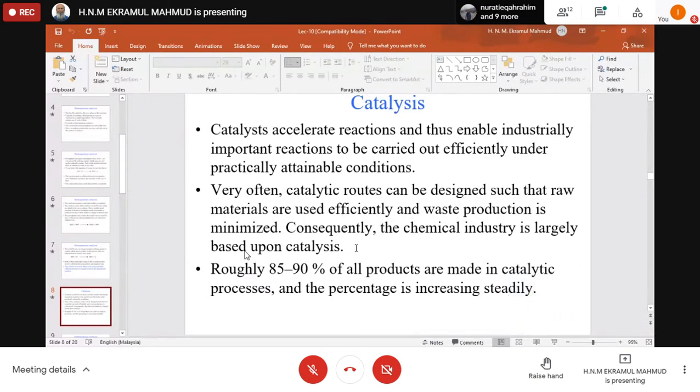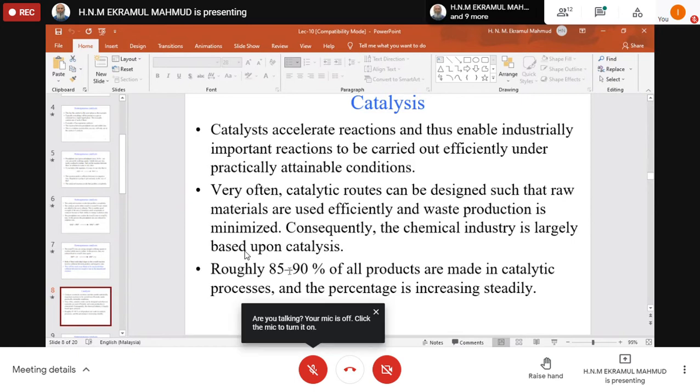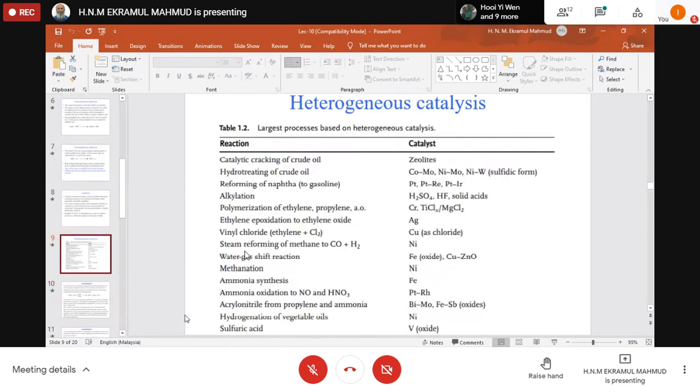So we need to use catalysts to minimize this waste production, whereby we get more of our desired products. Roughly 85 to 90% of all products are made in catalytic processes, and the percentage is rapidly increasing. So we can see some examples of heterogeneous catalysis.